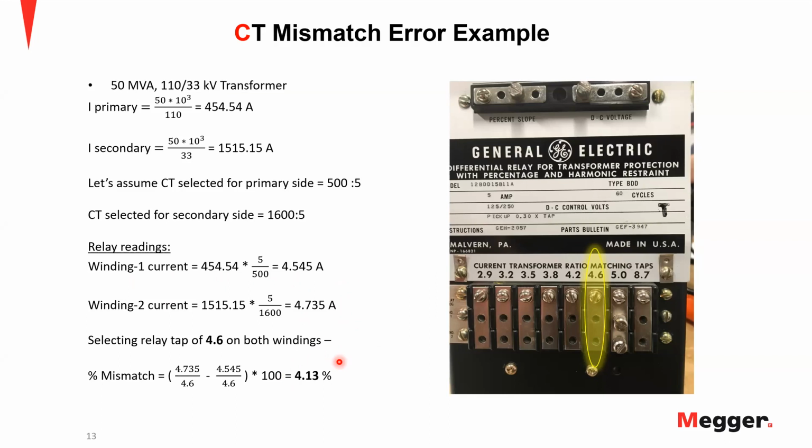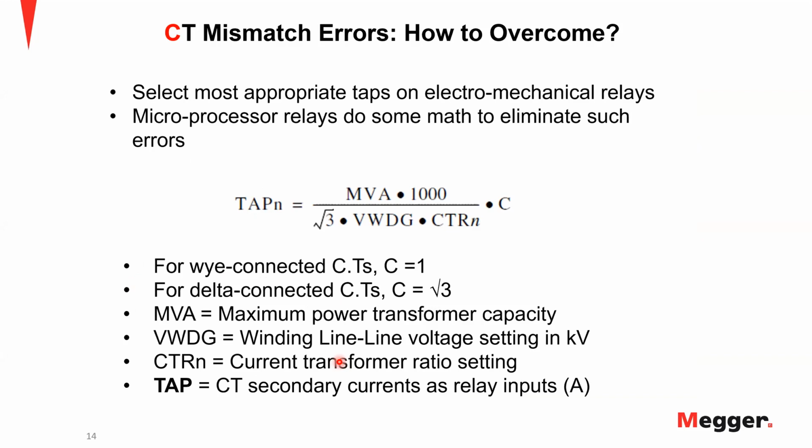So how can we address this mismatch? On electromechanical relays, the best thing we can do is select the most appropriate taps to overcome this challenge. On microprocessor relays, the relay does mathematical calculations for the tap based on some input information, and calculates it to almost 100% accuracy with respect to your CT ratio mismatch.